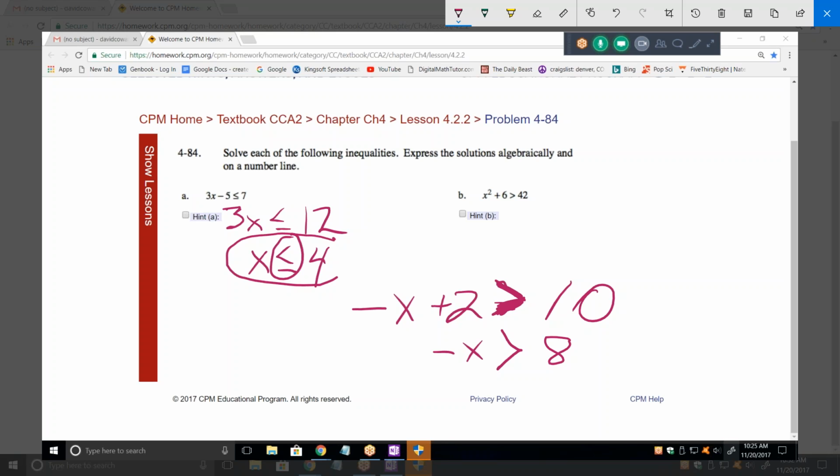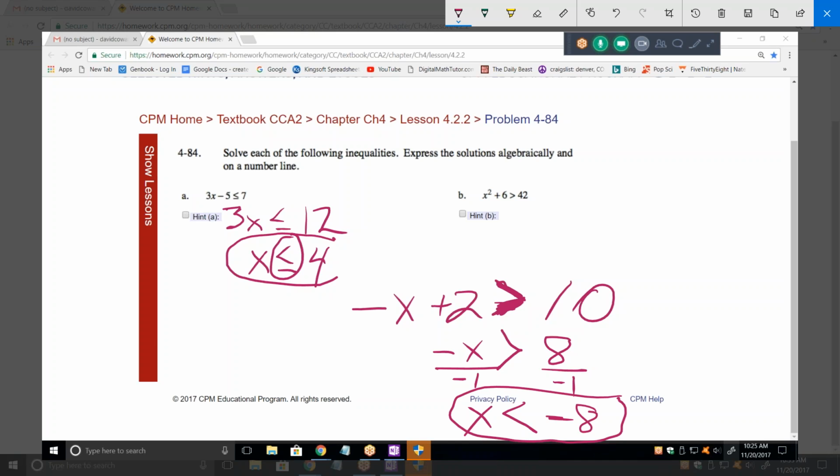In other words, I want to divide that side by -1, and I want to divide that side by -1, and that will leave me x all by itself. Yeah. But because I just divided by a negative number, I got to turn the direction of the inequality around. Okay. So the true answer is x has to be less than -8.